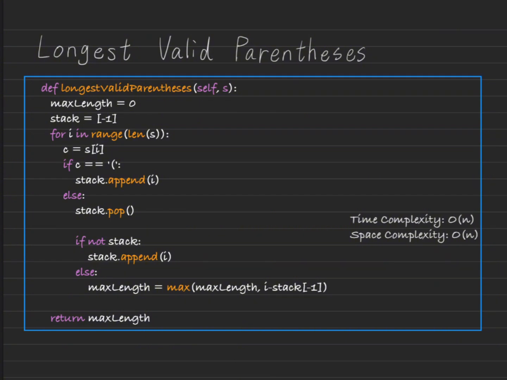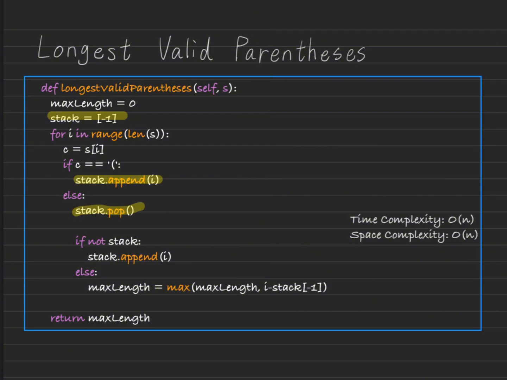Putting everything together, this is what it looks like in Python code. First, we'll initialize the max length, and we'll initialize the stack with the element -1. This is because -1 points to the next valid starting point, which is at 0. Then we'll traverse through each element in the string, appending if we encounter a left bracket and popping when we encounter a right bracket.